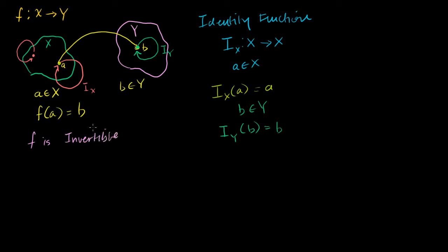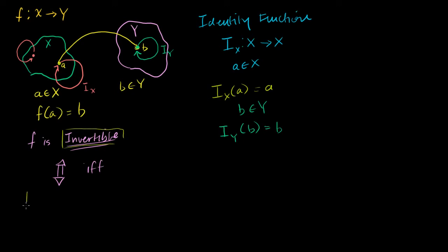Introducing some new terminology. f is invertible if and only if the following is true. I could either write it with these two-way arrows, or with two f's. That means that if this is true, then this is true, and only if this is true. So this implies that, and that implies this. I'm kind of making a definition right here.